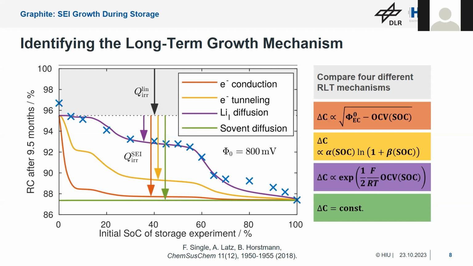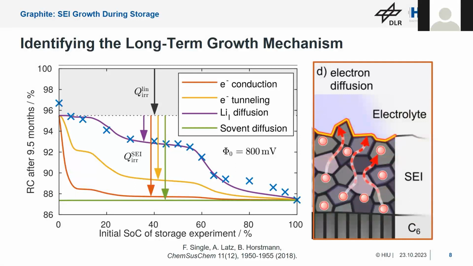But this lithium interstitial diffusion, because the electron concentration in the SEI is exponentially activated by the electrode potential, has an exponential dependence on the open circuit voltage, and this then nicely fits the staging of the calendar aging. Okay, so we deduce from this that some form of electron diffusion is probably very important for the growth of the SEI.